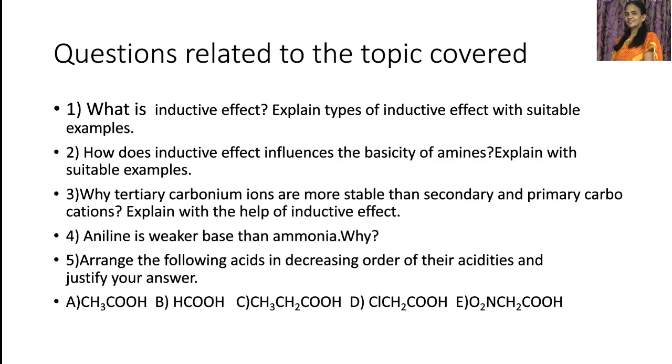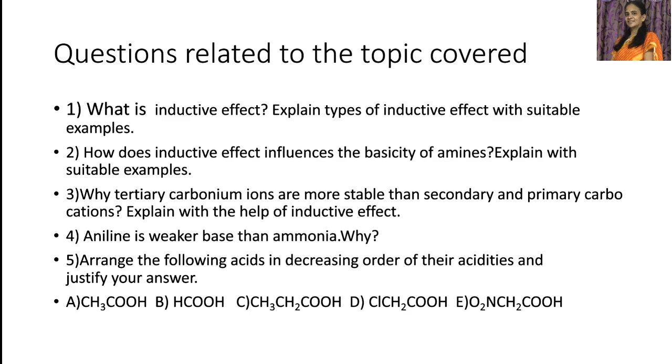Tertiary carbonium ion with three alkyl groups with more plus I effect is more stable when compared to secondary carbonium ion with two alkyl groups, which in turn is more stable than primary carbonium ion, which has only one alkyl group and one plus I effect. So, like this, the tertiary is more stable than secondary, which is more stable than primary, which is more stable than methyl carbocation, which has no alkyl groups, therefore no plus I effect.